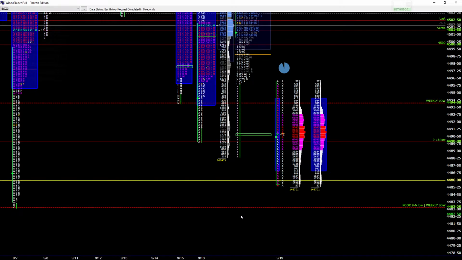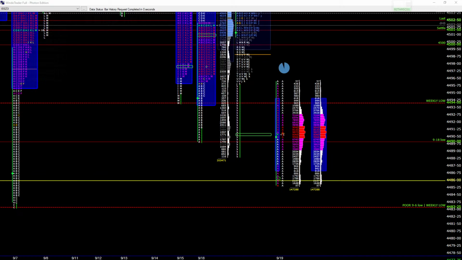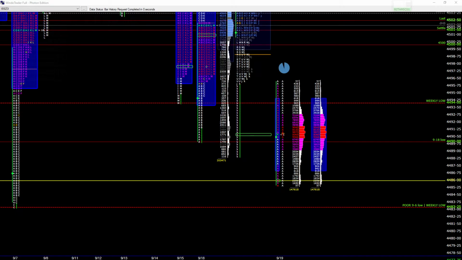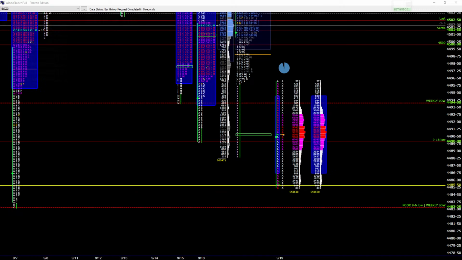Try to identify what direction the market is trading. What is the directional move the market has? The market is very close to reaching the opposite side of the 8-day range.